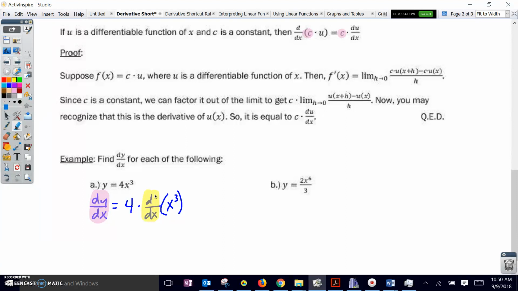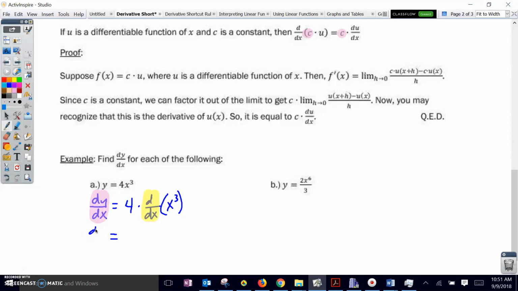The yellow highlighted version is the derivative with respect to x of something, and it's something that we have not yet taken the derivative of. When I write d dx of x to the third, that's an indicator that I need to take the derivative of what's inside the parentheses.